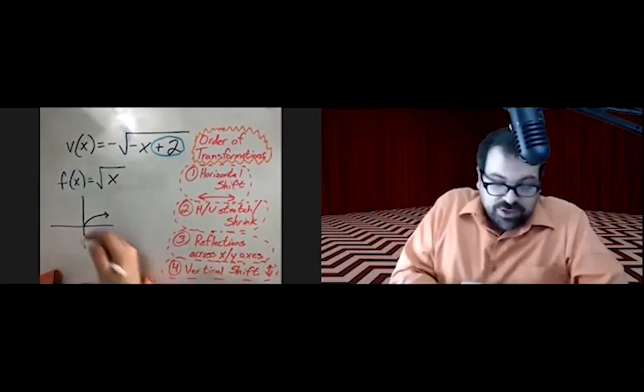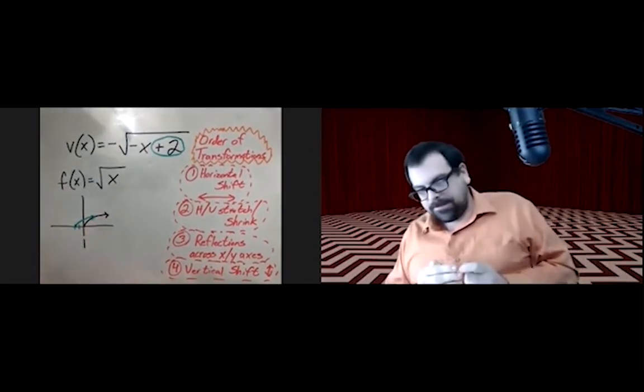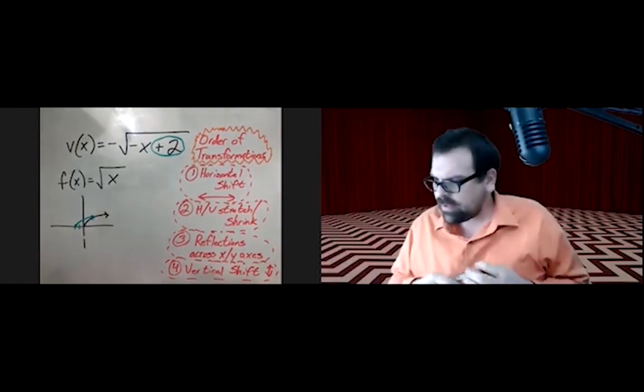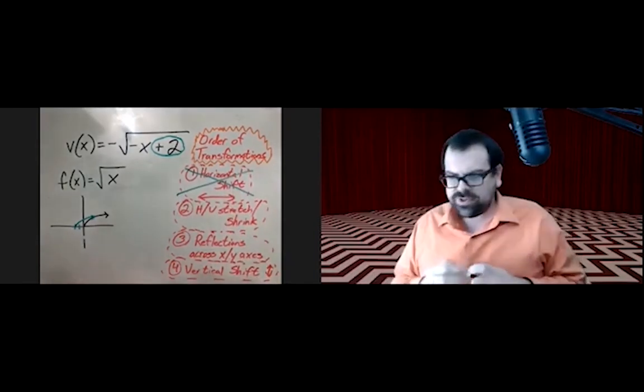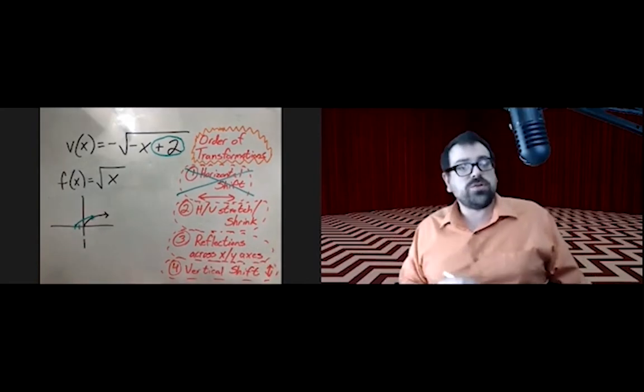Anyway, we're going to move it left 2. 1, 2, boom. Now it looks like this. So we've taken care of our horizontal shift. We move on to any horizontal or vertical stretching or shrinking.